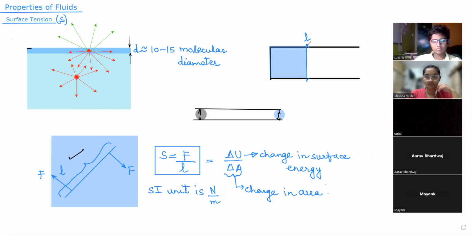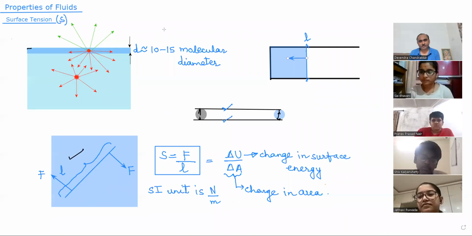So now what is happening here is, these are the two layers of fluid. This is the upper layer, this is the lower layer. If you leave this thin wire frame, this wire will be pulled backwards by this force because of surface tension, and the value of this force is SL because of the upper layer, and there will be another SL because of the lower layer.